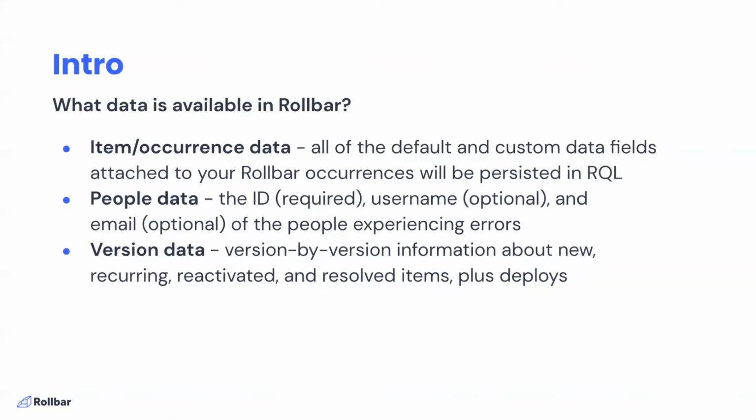The occurrences are where we get the bulk of our data and our information about what's happening in the code. The occurrences, the stack traces, and if you choose to send log events to Rollbar, those as well would be considered occurrences. All of that data is persisted in a very large data table where we keep all of the occurrence info, and we store that for later querying.